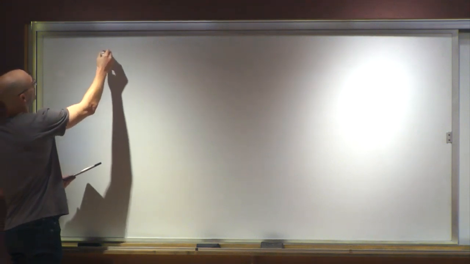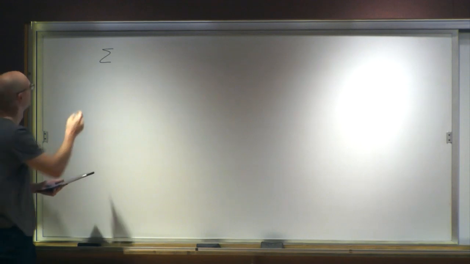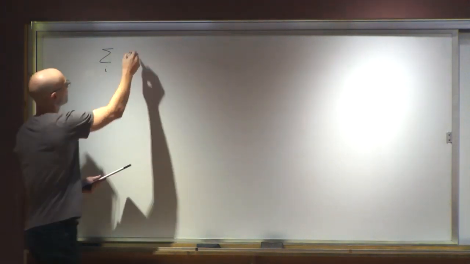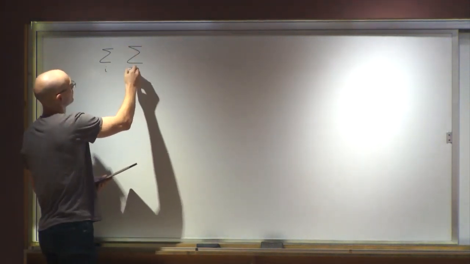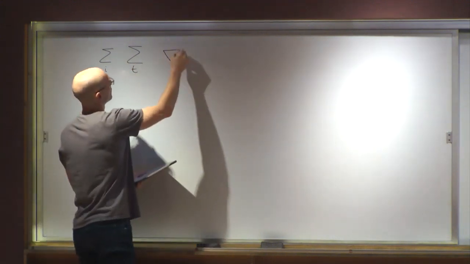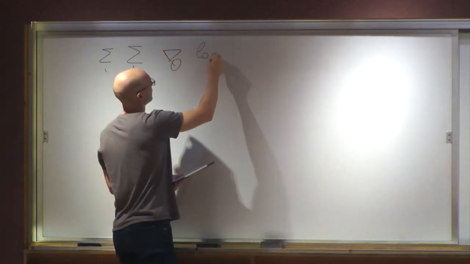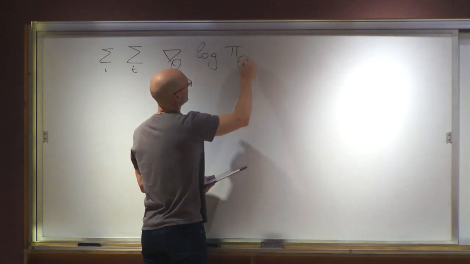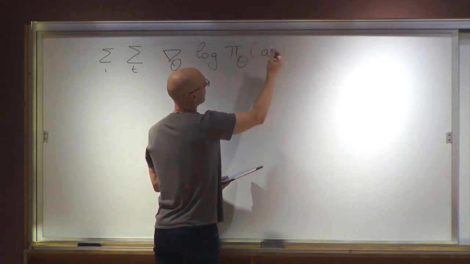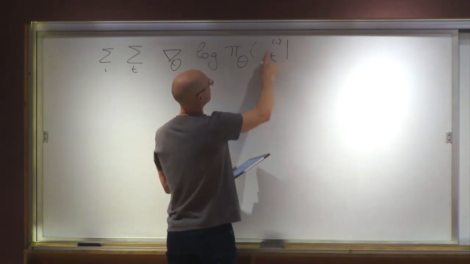As we work through that, we came at the following gradient update, which is we sum over all trajectories we collected. We sum over all times in those trajectories. And we look at the grad with respect to theta, which is the policy parameterization, log pi theta of the action we took at time t in trajectory i, or we've been writing u, so let's write u.